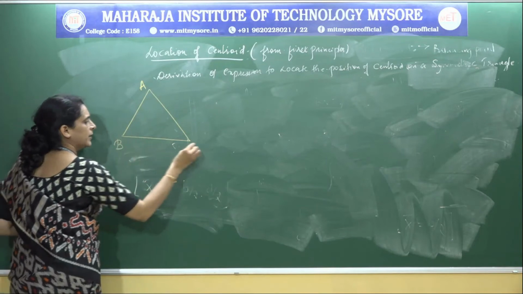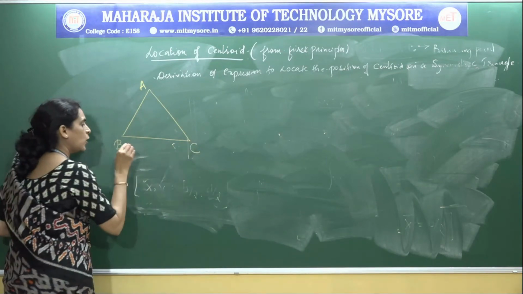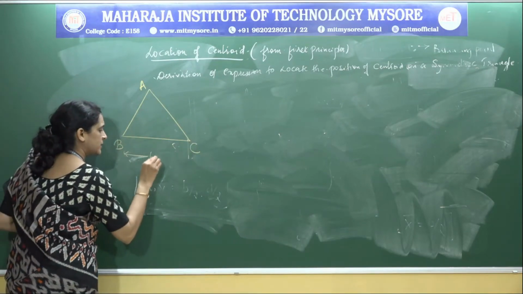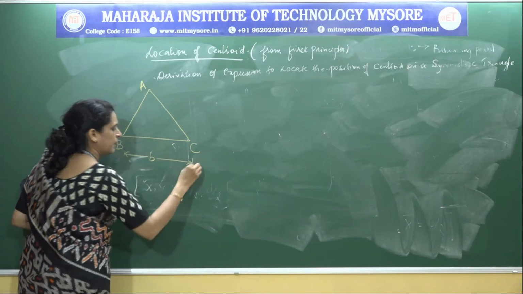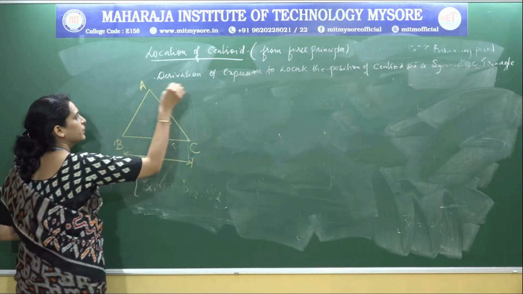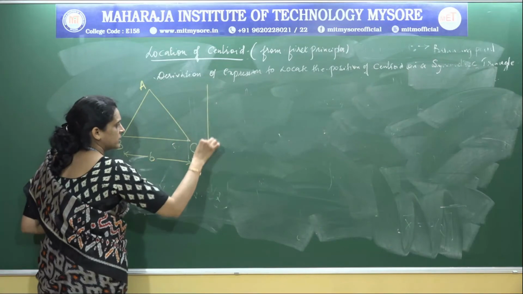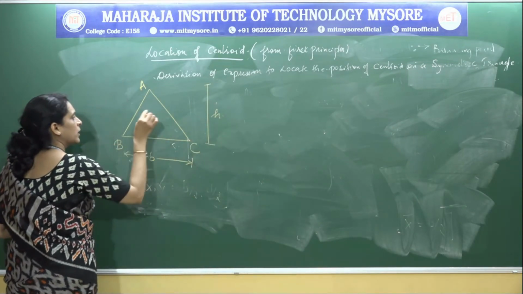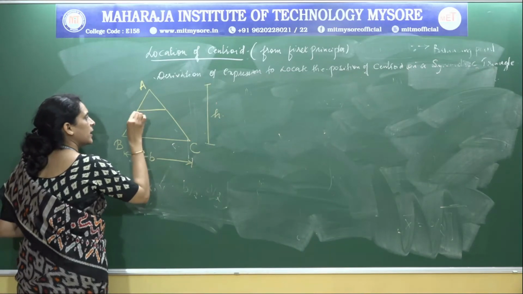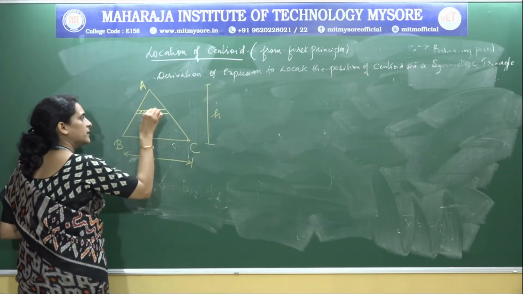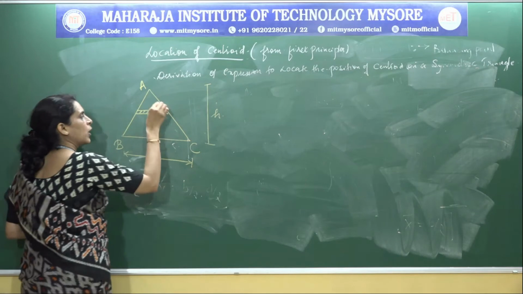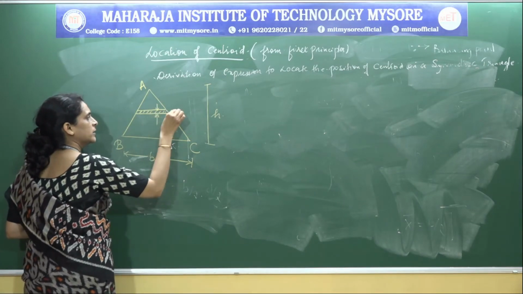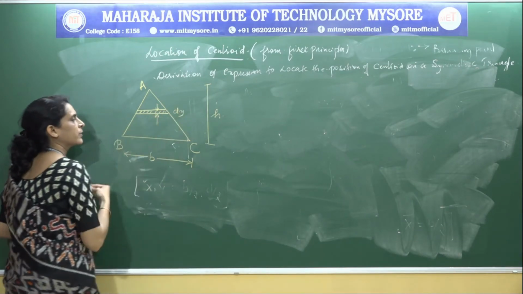A, B and C, whose base is represented by B and height is represented by the term H, while I consider a small elemental strip of thickness dy.